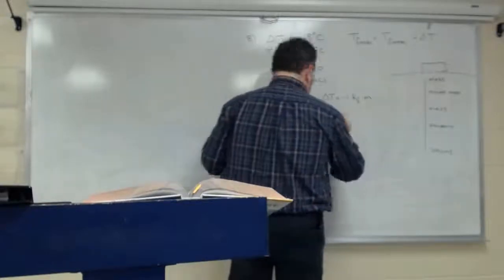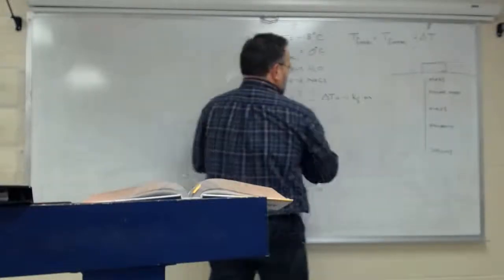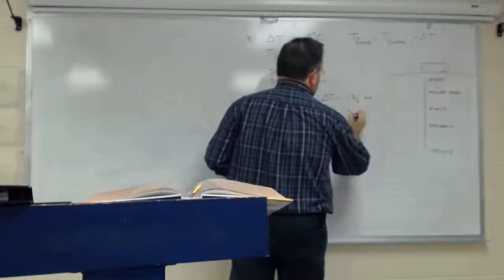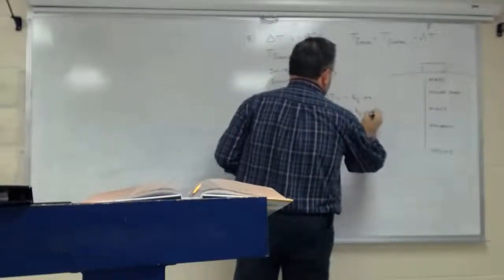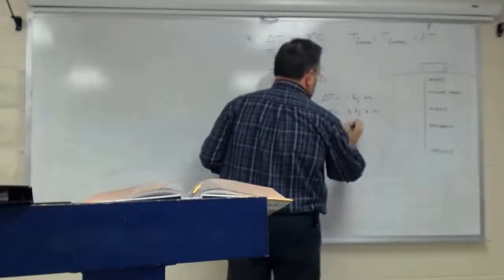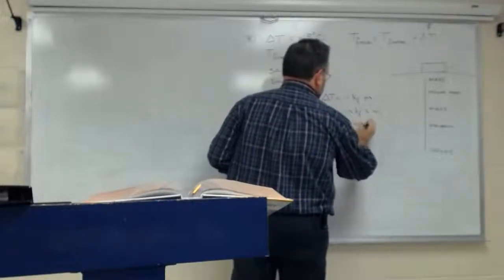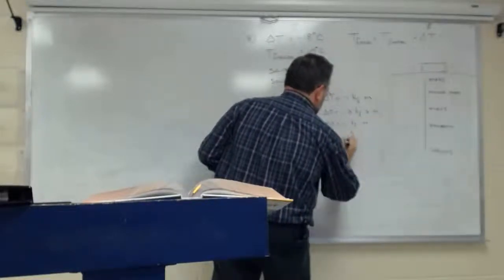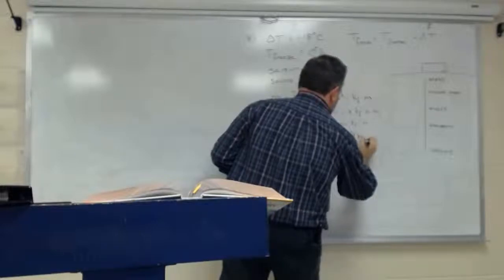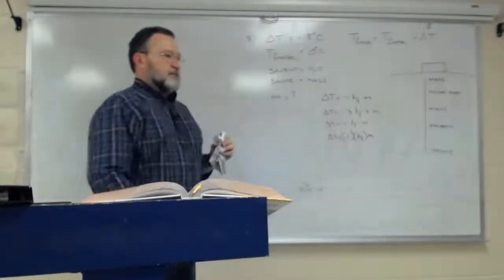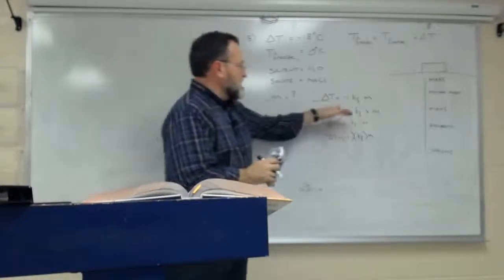Maybe your progression in math looks something like this. Delta T equals negative I times K sub F times M, which later becomes delta T equals negative I dot K sub F dot M, which later becomes delta T equals negative I, parentheses, K sub F M, which eventually becomes this. Okay? This times this times this.